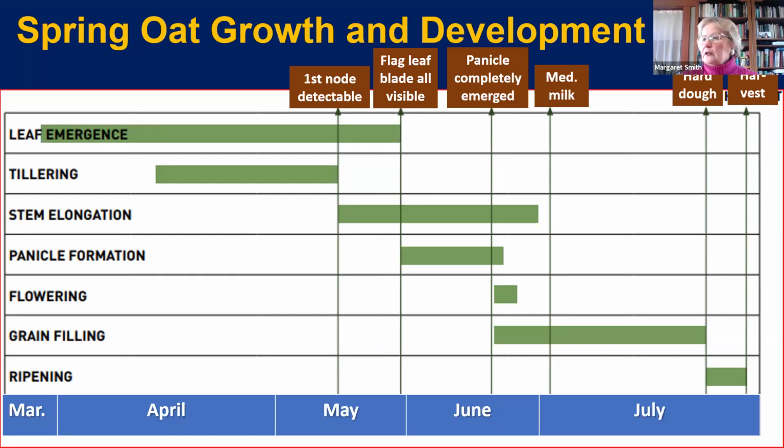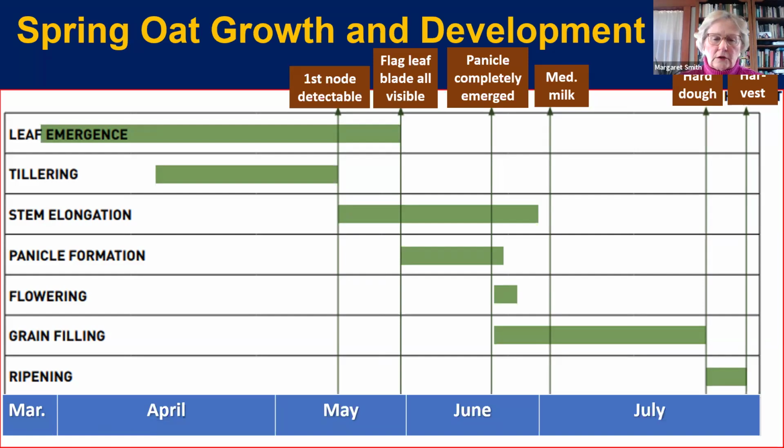So panicle formation, a little bit later on, those are forming, of course, when that head is still within the sheath. Flowering is a fairly short period, and flowering can be a vulnerable period for disease infestation. Grain filling starts not long after flowering. That plant is cranking along.